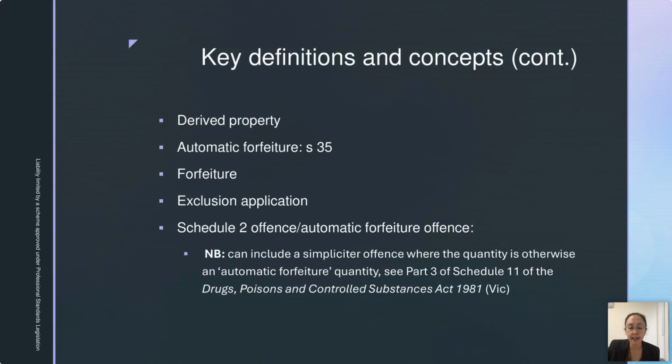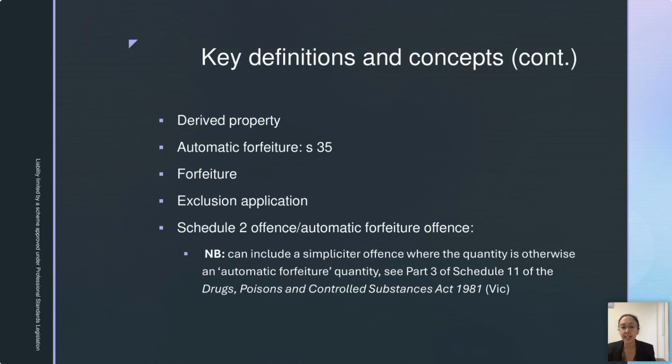And I just wanted to remind everyone about Schedule 2 offences, which are relevant for charge-based restraining orders, and just a quick reminder about simpliciter offences. For example, usually we all say traffic commercial quantity or cultivate commercial quantity. Immediately it's understood that they are automatic forfeiture offences.